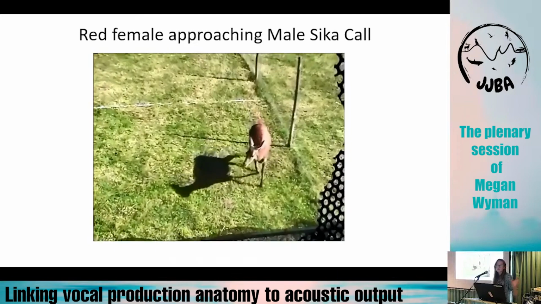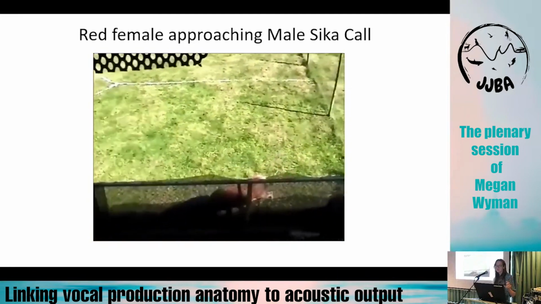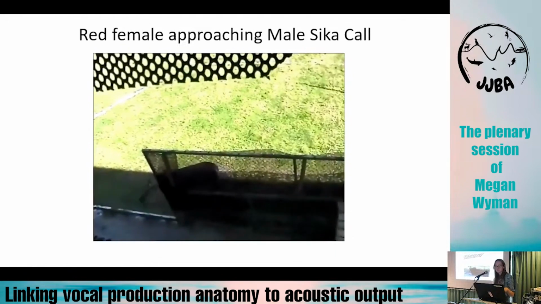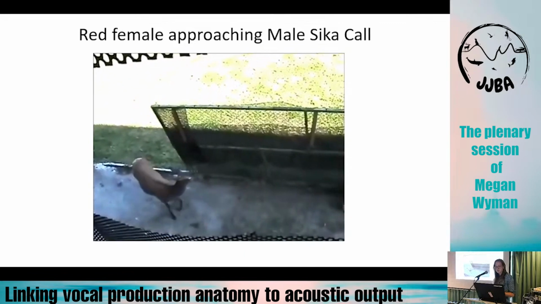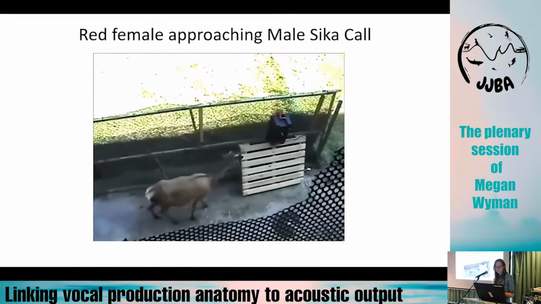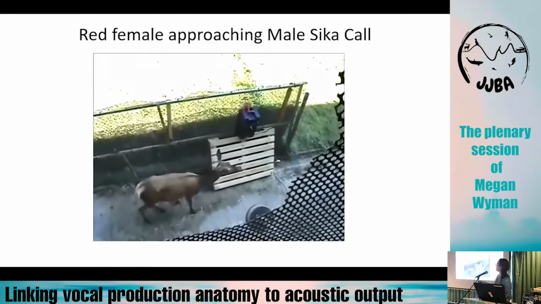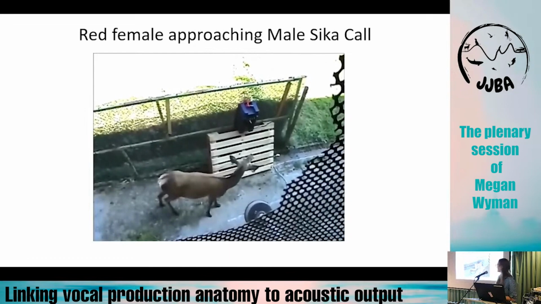Again, it was more often that they would approach their conspecific call when they also heard Sika, but there's a lot of variation. Some did go all the way around. Here she is trying to see where this Sika call is coming from, and she goes right up to the speaker and puts her nose on it. Now, she is ready to mate, so you wouldn't think she would do that unless that was interesting. That call is coming from over here, and now the Sika deer speaker is right next to her.